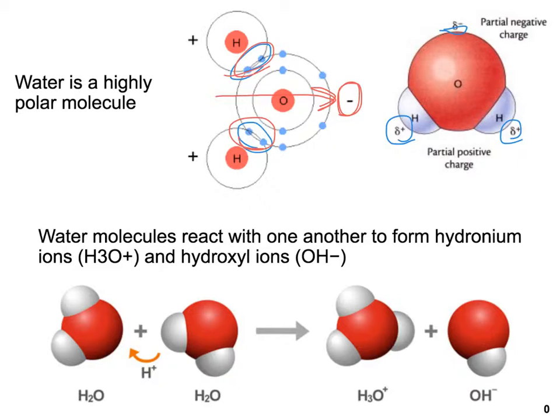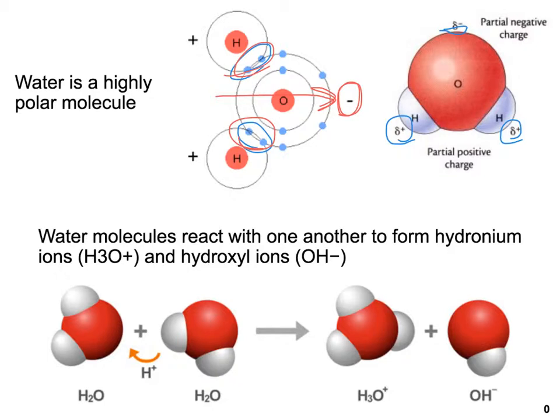Below is a representation of a really important reaction that happens whenever you have water. Water molecules cannot leave each other alone, and when left to their own devices, they will react. Two water molecules will react with one another.